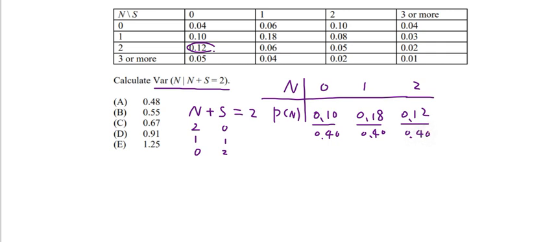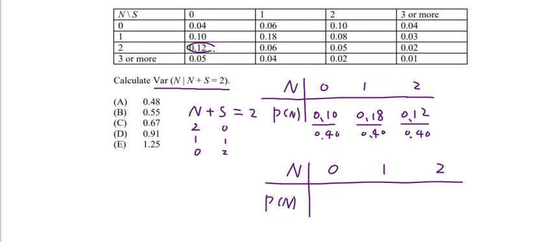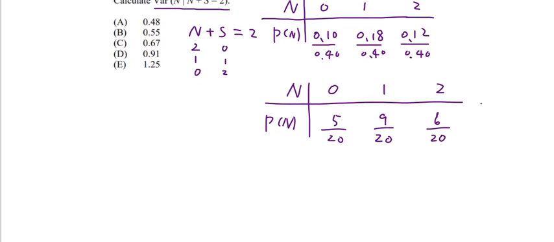So then this becomes a distribution. Maybe we simplify a little bit: N equals 0, 1, 2, and the probabilities can be 5 over 20, 9 over 20, and 6 over 20, right? By now, finding this variance is really easy.